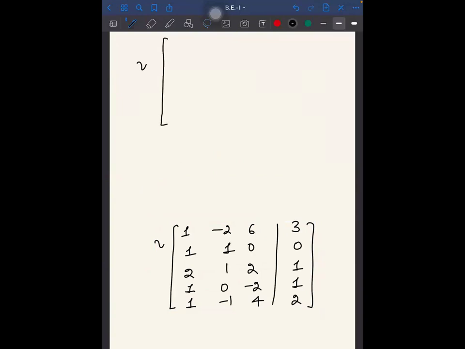First row will remain as it is, and then you subtract it. So this will become 0, this will become 3, this will become minus 6, and this will become minus 3. And then 0 multiplied by 2 minus 4 and subtract, so it will become 5. Multiply by 2 becomes 12 and subtract, minus 10.